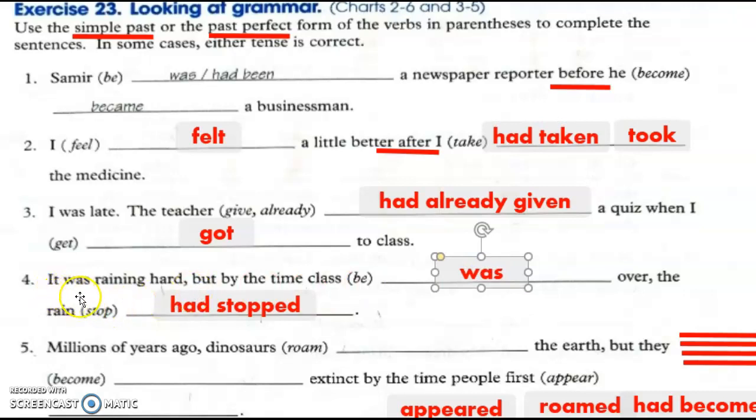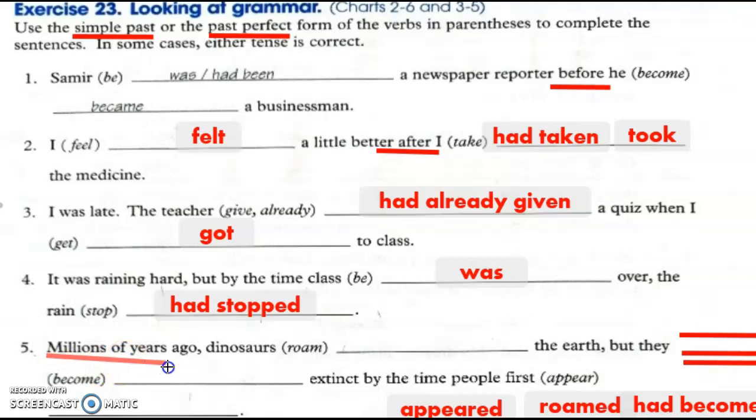So it was raining hard, but by the time class was over, the rain had stopped. Number 5: millions of years ago, dinosaurs roamed the earth, but they were become extinct by the time people first appear. Here you have 3 verbs. Let's look for clues to tell us about the time when these verbs occurred.